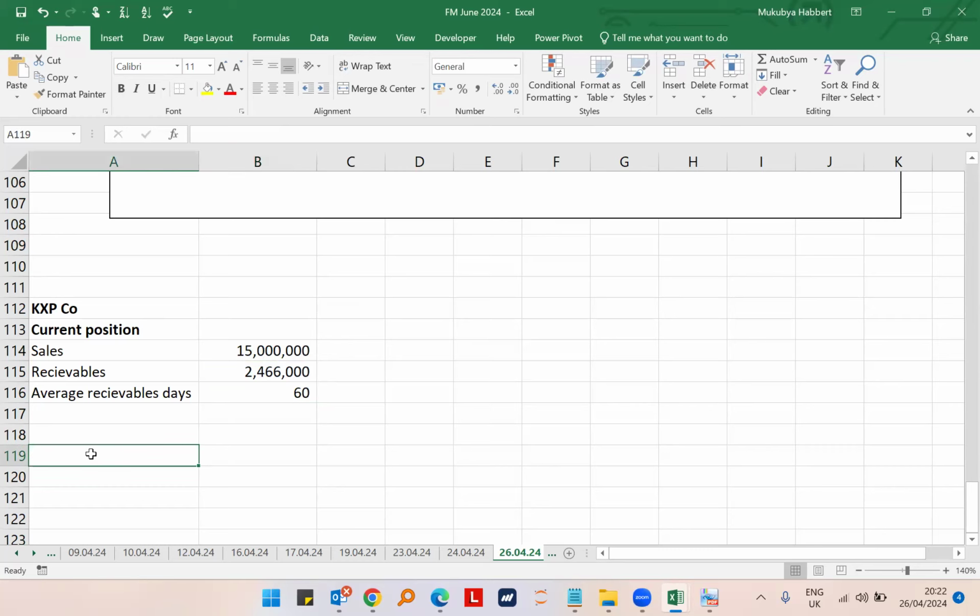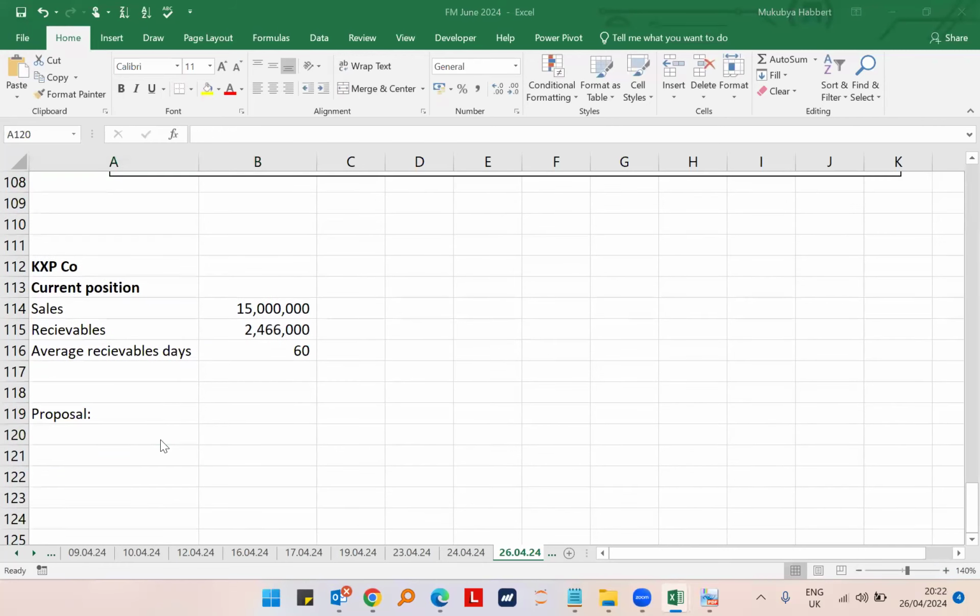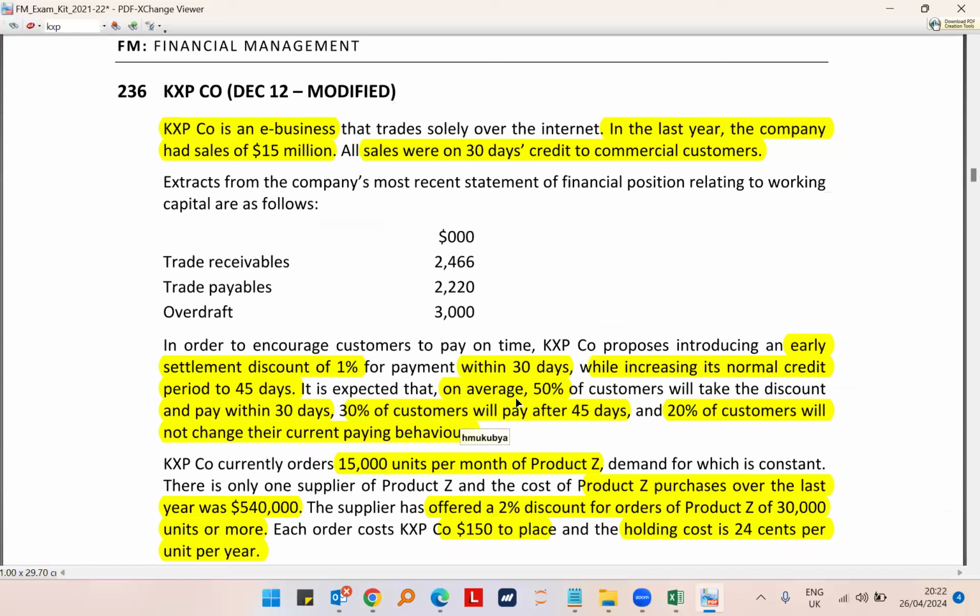Now, the proposal is to change the receivables days. They want to change the policy: they give a discount for 30 days, then the other customers take 45.